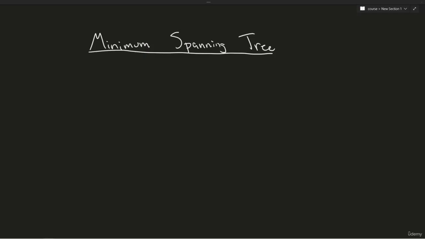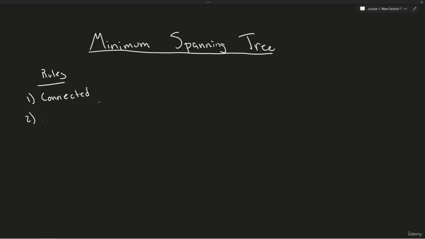In this lecture, we are going to begin going over the minimum spanning tree. And before we start talking about a minimum spanning tree, we just need to get an understanding of what a spanning tree is and what the rules are for it. So we have three rules. The first one is we need to be connected.